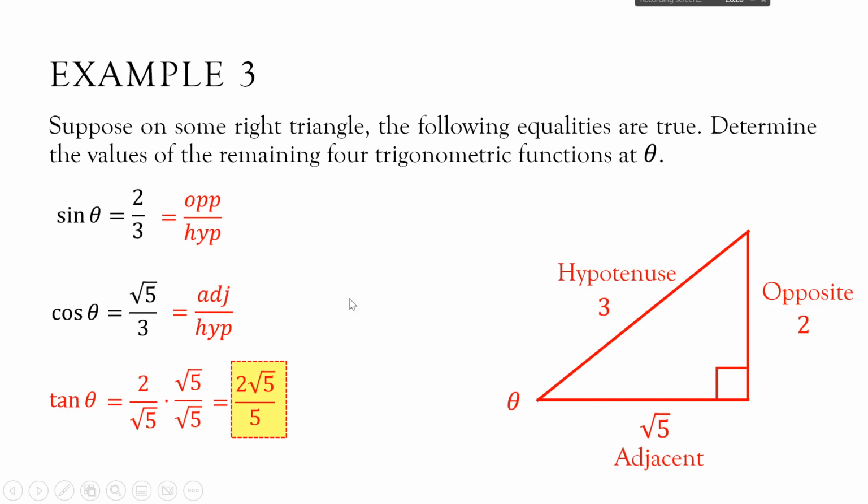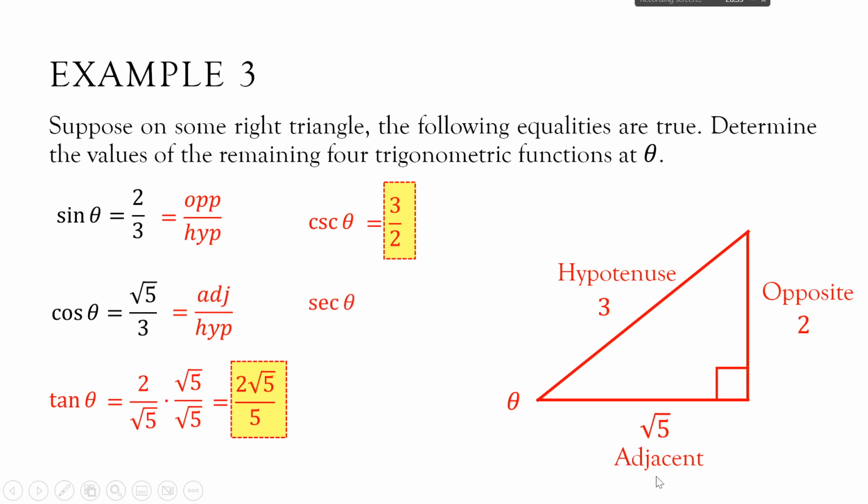Now I have my remaining 3 trig functions, starting off with cosecant. You can either say cosecant is hypotenuse over opposite, so 3 over 2, or you can say that cosecant is the flipped version of sine, that is 3 over 2. What about for secant?